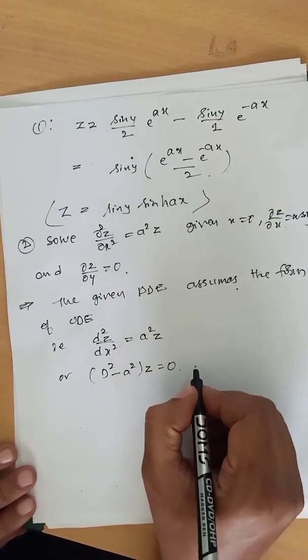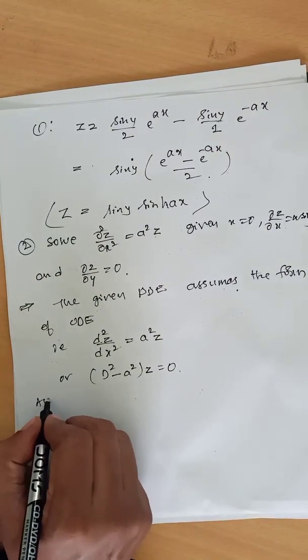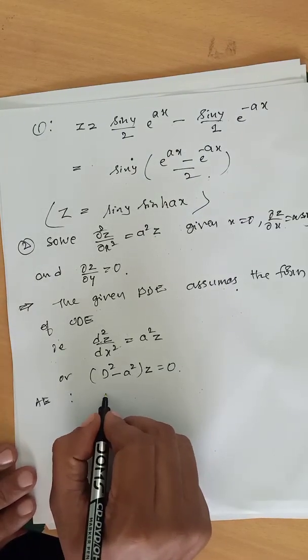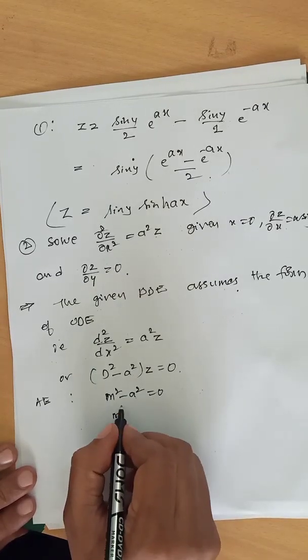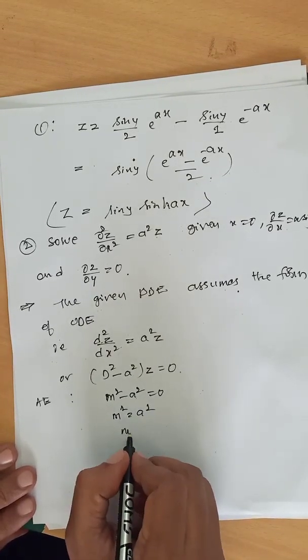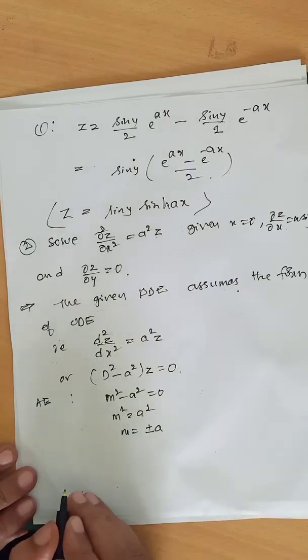For the auxiliary equation, replace D by m: m² − a² = 0, m² = a², m = ±a.